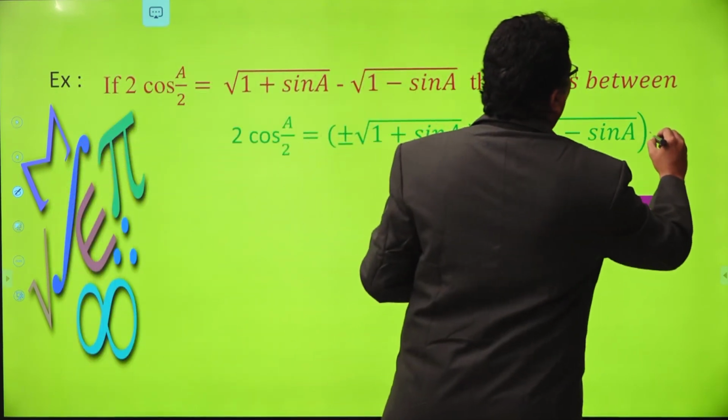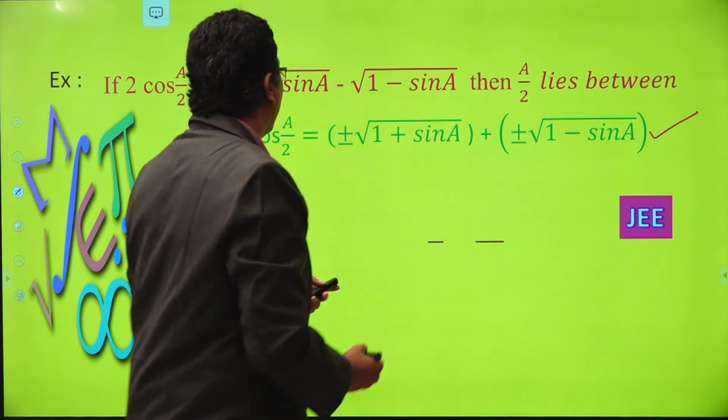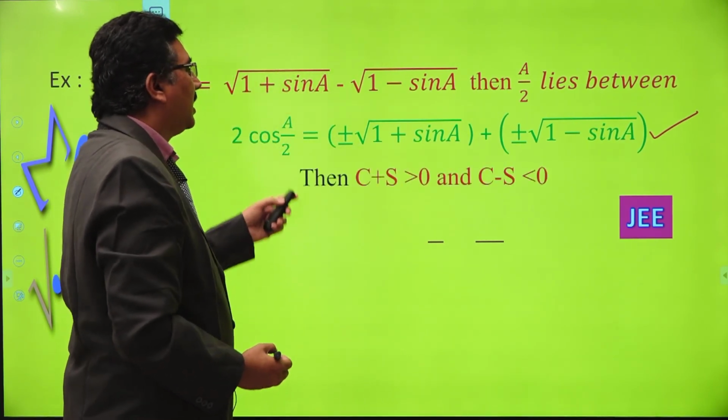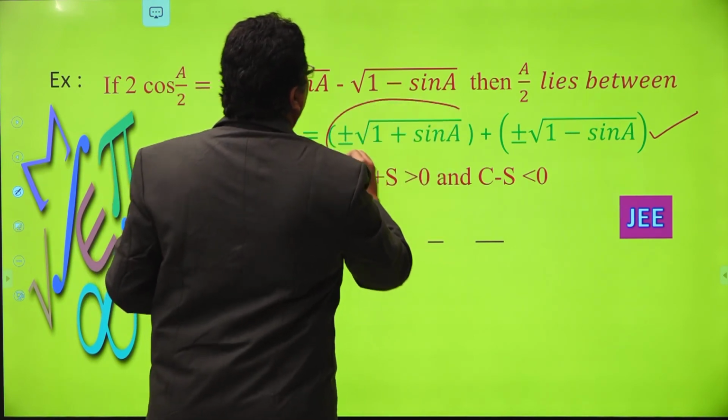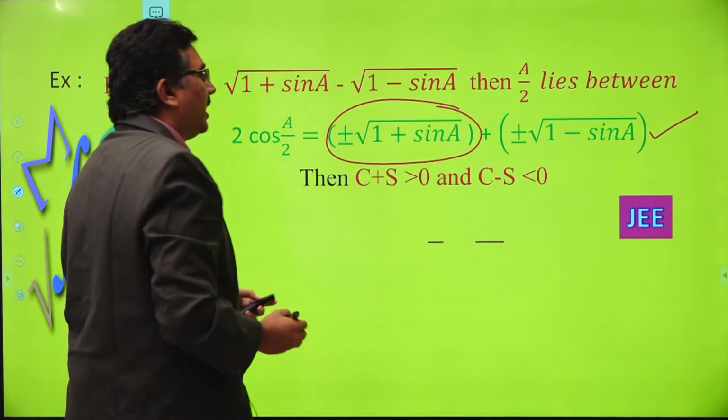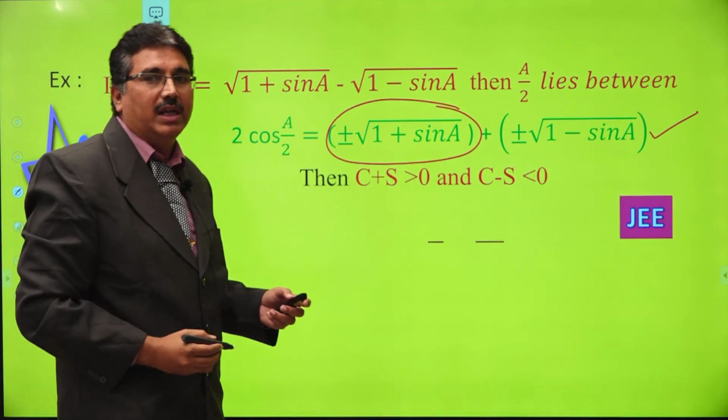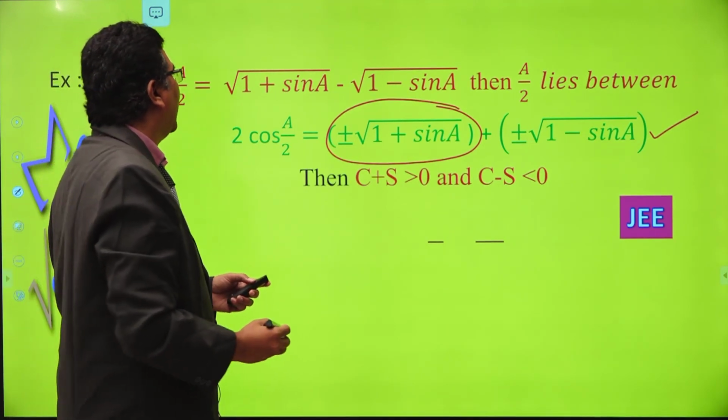Then this is c plus s, that is cos a by 2 plus sin a by 2 value.